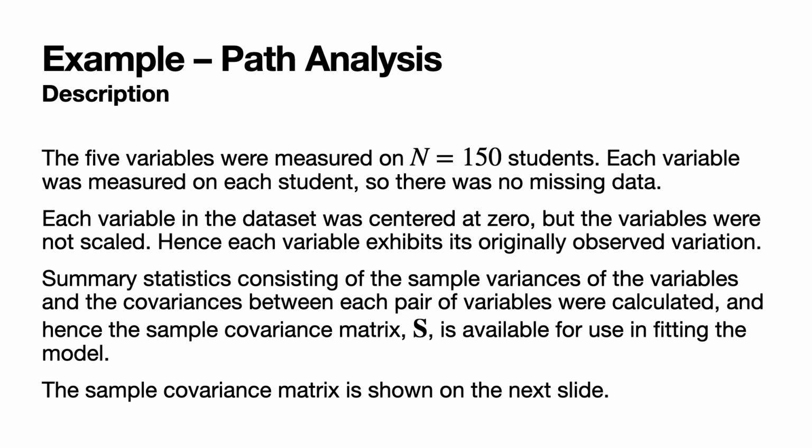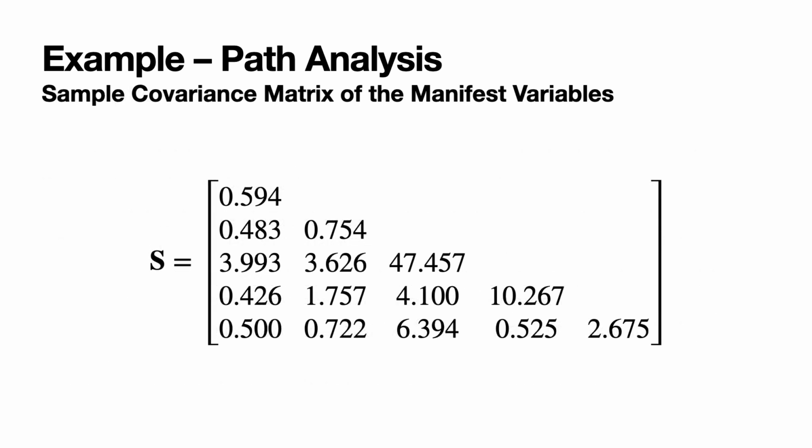Summary statistics consisting of the sample variances of the variables and the covariances between each pair of variables were calculated, and hence the sample covariance matrix is available for use in fitting the model. The sample covariance matrix is shown on the next slide. And so here is the sample covariance matrix, denoted by capital S. It's a 5x5 matrix, and it contains the variances and covariances of the 5 manifest variables.